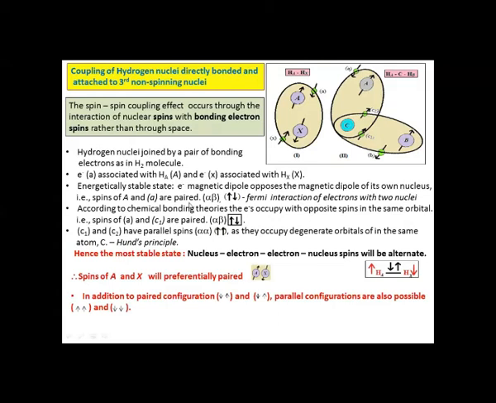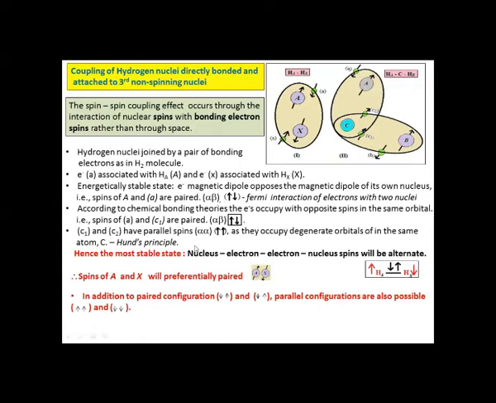So at last, it leads to the most stable state, where the nucleus spin, electron spin, electron spin, nucleus spin should alternate. This is how the nucleus spin, then the electron spin, then again the bonded electron spin, then again the nucleus spin remain in an alternate fashion, leading to the most stable state.